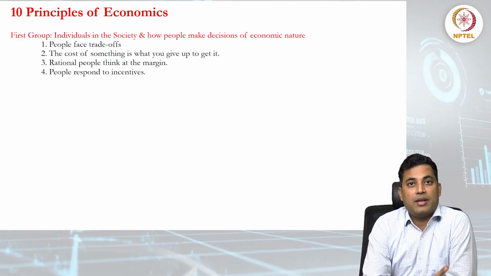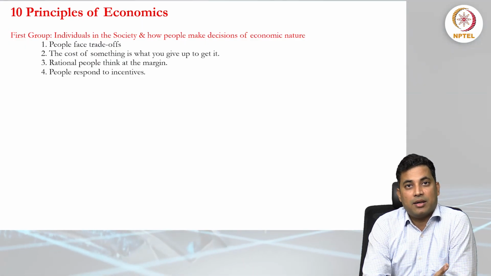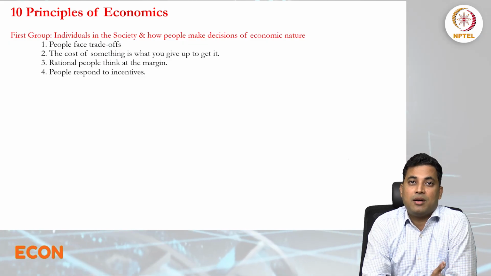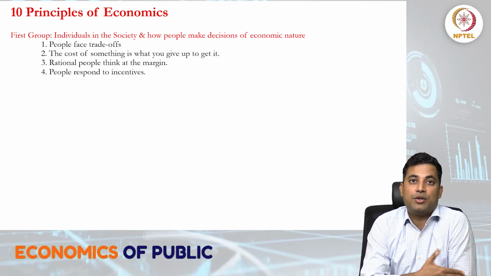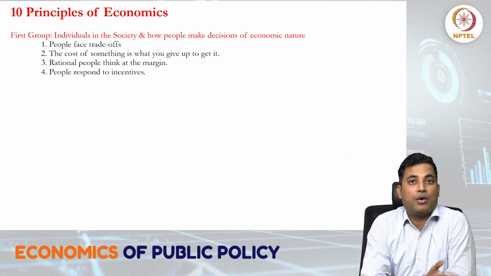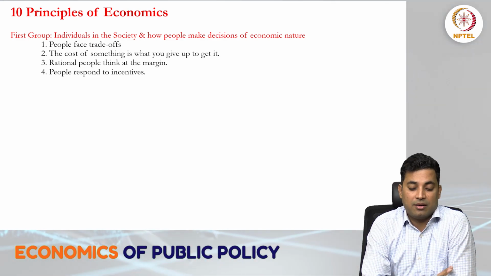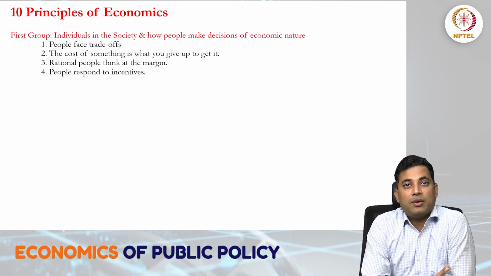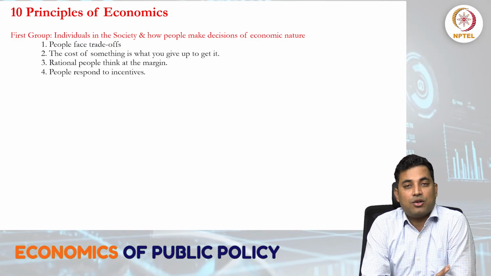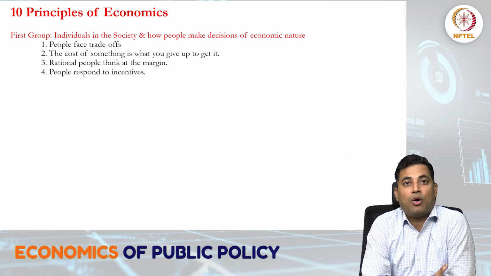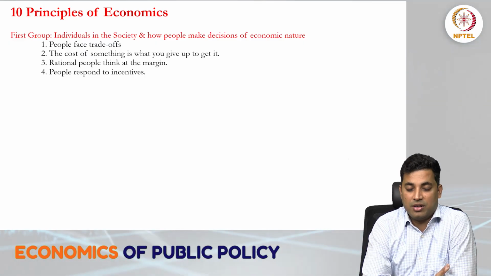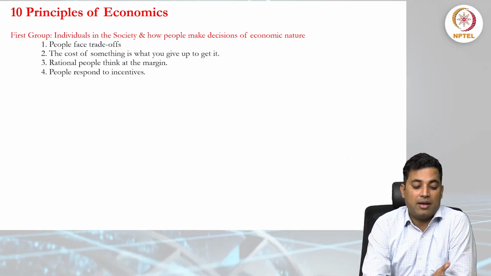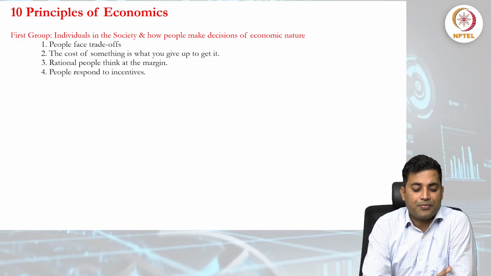That's how rational people calculate cost and benefit in order to get one unit of one commodity by sacrificing or giving up a unit of the other good. So this particular principle 3 says rational people always think at the margin. We'll discuss all these principles in detail in my ensuing lectures.